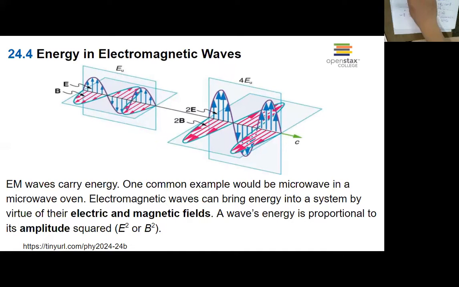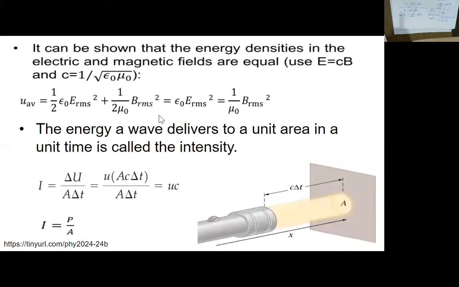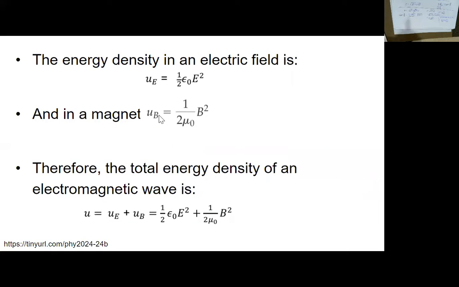We will be taking a look at the energy stored in an EMF wave. Previously we know that for energy stored in an electric field, the energy density is equal to 1/2 epsilon naught times E squared. And for energy stored in a magnetic field, it's also proportional to the field strength squared.